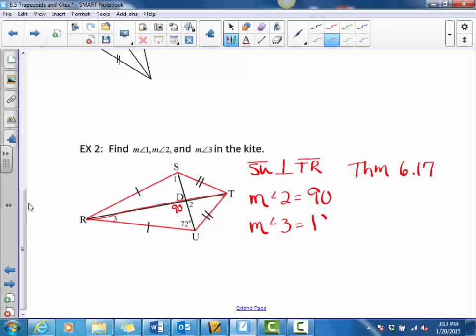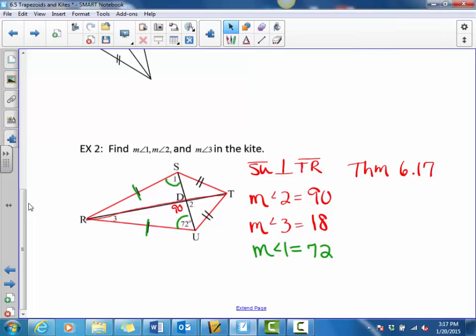So the measure of angle 3 equals 18. But the other thing that we need to know is that these make isosceles triangles, so if this side is congruent to that side, then these angles are also congruent. So that means that the measure of angle 1 equals 72.